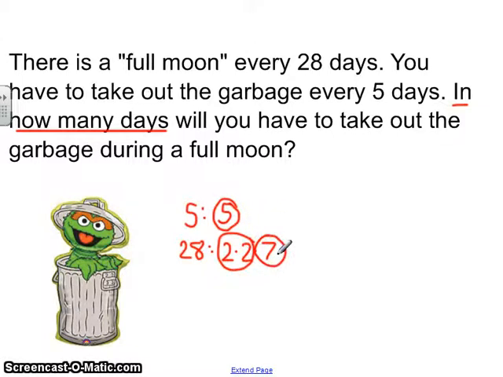And if you'll notice, basically, I'm going to be doing 28 times 5. 28 times 5 is 140. So go back to see how you have to label this. In how many days? Well, it's going to be 140 days. That's my answer.